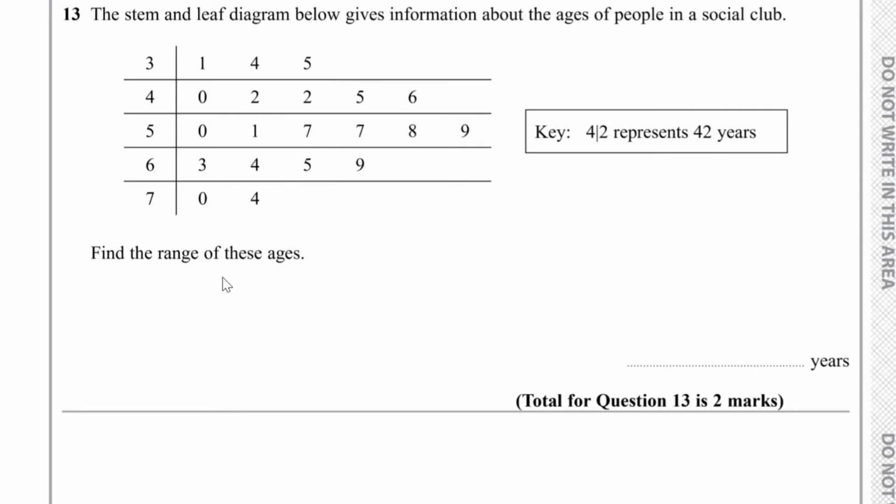So the range over here is going to equal the biggest age take away the smallest age. So we have over here 74 being the big age minus 31, which is the small age. Turns out here we get 43. So we've got 43 years, which is the range of ages.